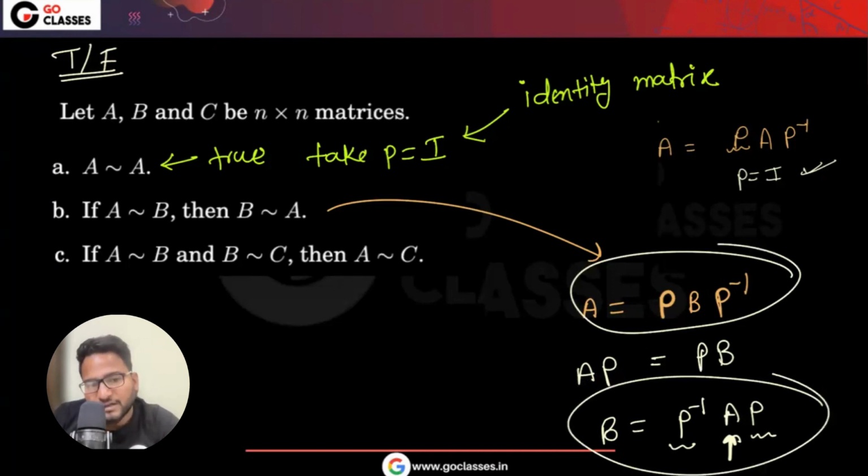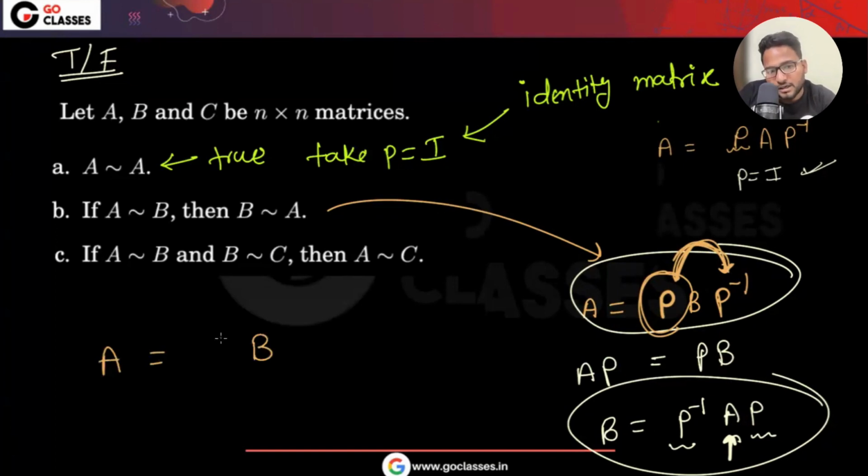Does it really matter that you are writing the inverse first? Doesn't really matter. I never said that you have to have some inverse in a particular place. See, it is just a convention, which means if this is P, then P inverse must be here. These two matrices are inverse of each other. So A and B are similar to each other if you can write A equal to B with any matrix here and its inverse there; it doesn't really matter, but these two matrices are inverse of each other.